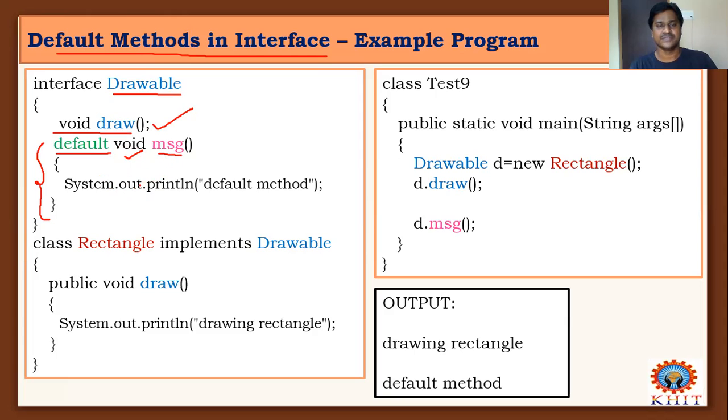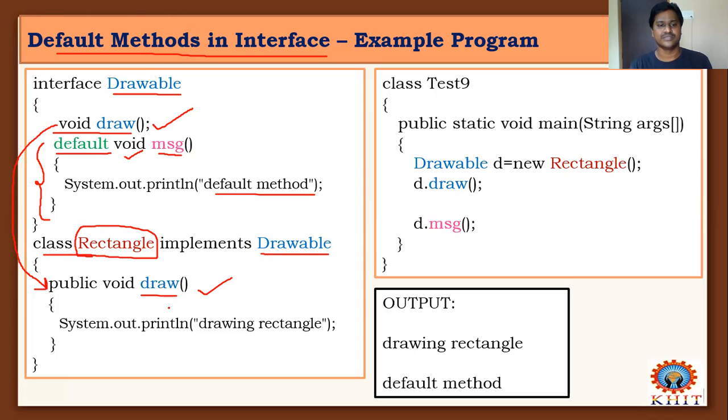Drawable. This feature was added from Java 8. And this method body simply displays: this is a default method defined in interface. Coming to the class Rectangle, it implements this Drawable interface, and must implement this draw method, because it is an abstract method defined in the interface.